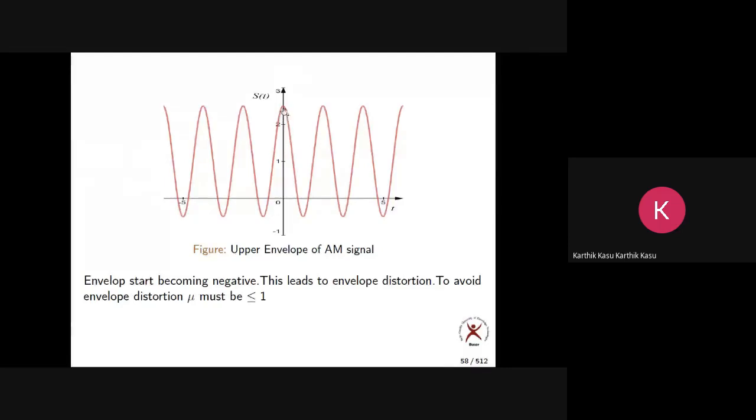Because the maximum value of the envelope is 2.5, as I just told you, and the minimum value is minus 0.5. So it is negative, right? This envelope is becoming negative as well as positive. When the envelope starts becoming negative, this leads to a distortion, which is called envelope distortion. So when the envelope starts becoming negative, what is the condition?